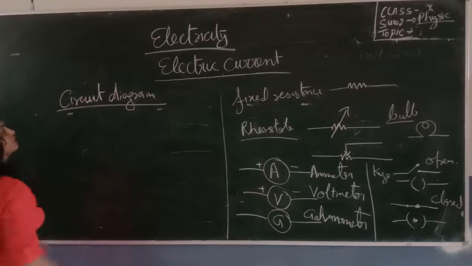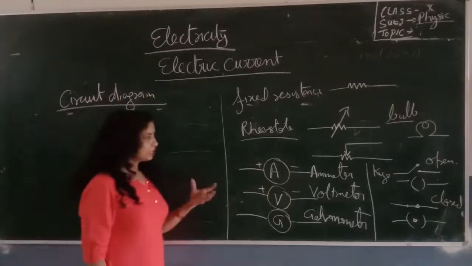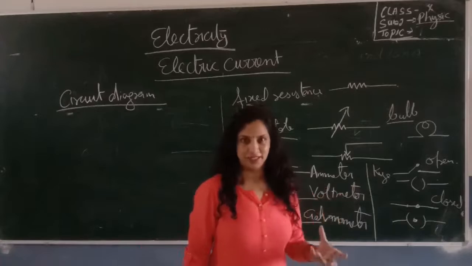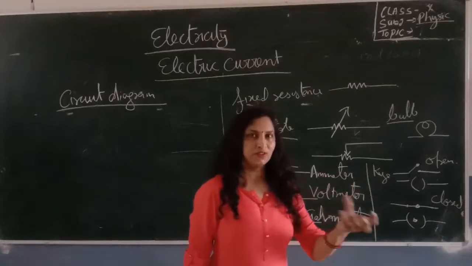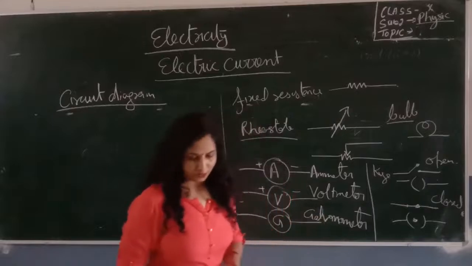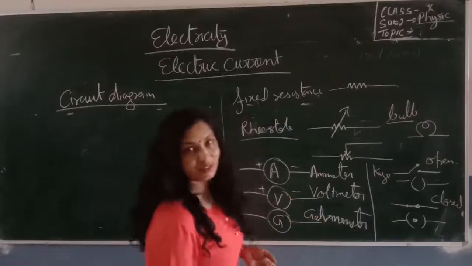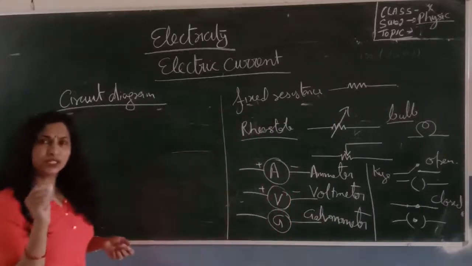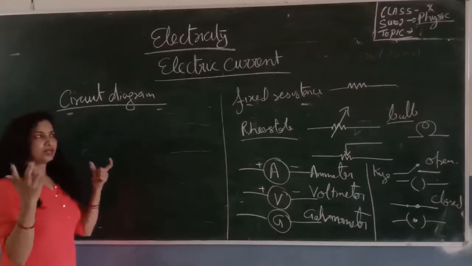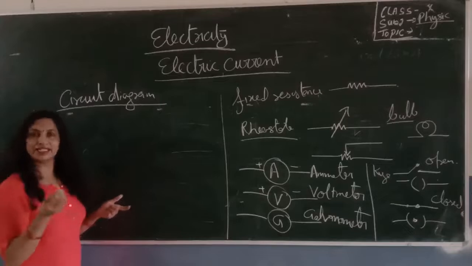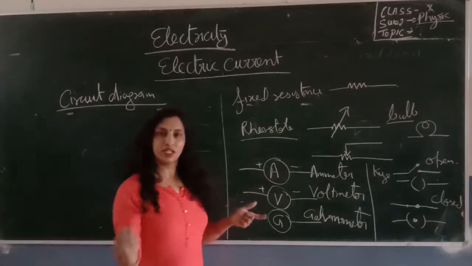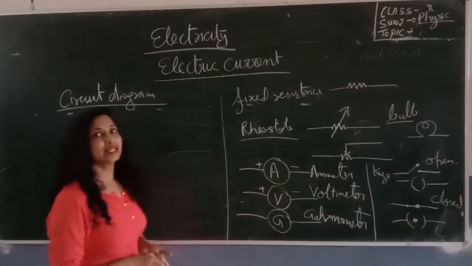Actually, what is the meaning of the circuit diagram? Circuit diagram means representing a circuit by using the different symbols of the components. We can also say that the diagram which indicates how the different components are connected in a circuit by using symbols for the components is called a circuit diagram.